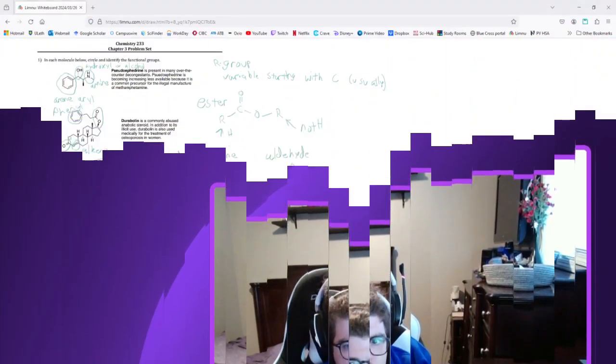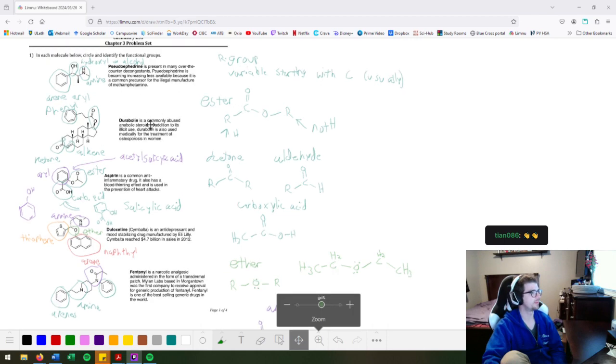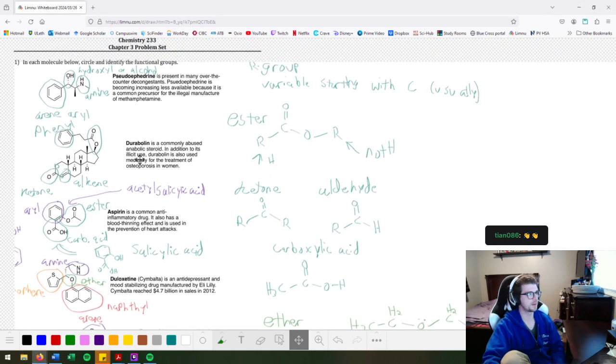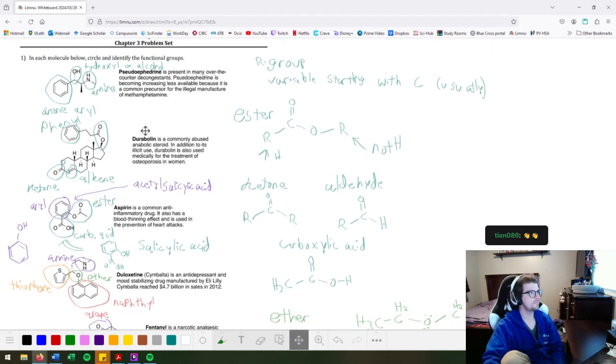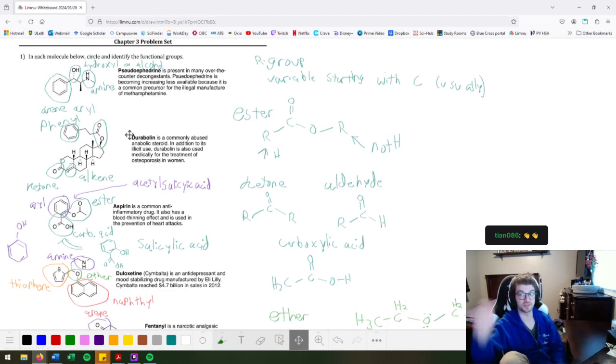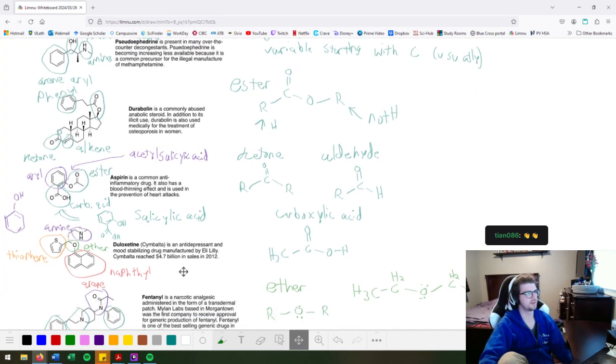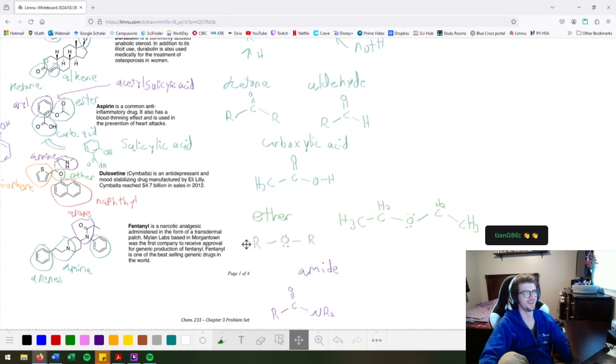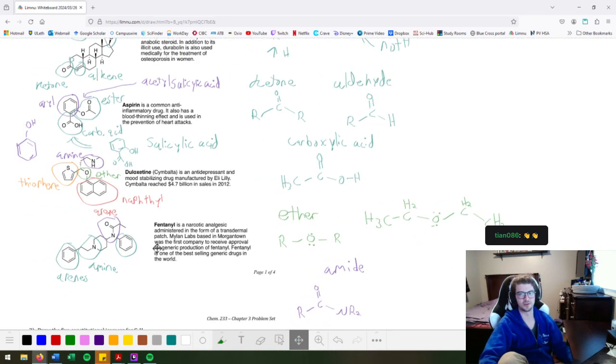So we were working on this problem set last time. We were going over basic identification of some functional groups, and then I had a little rabbit trail into salicylic acid and acetylsalicylic acid.